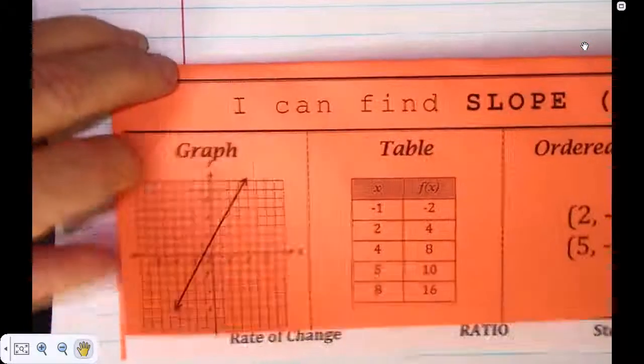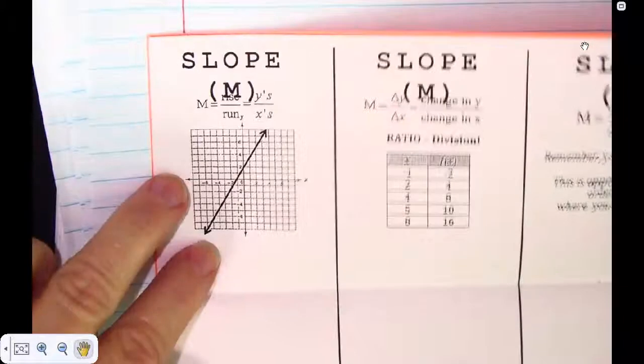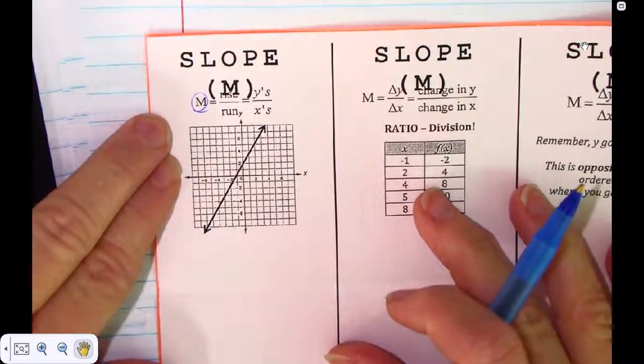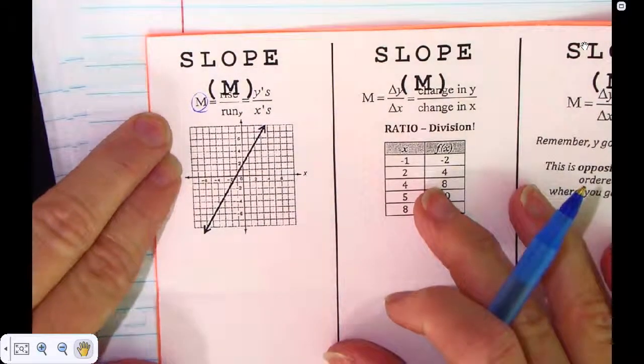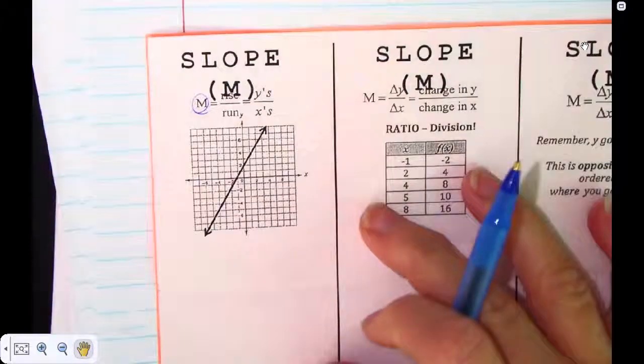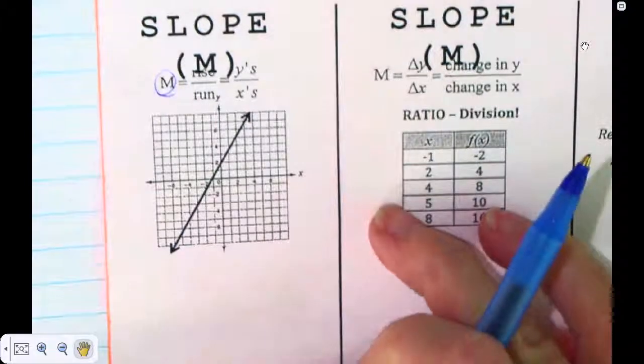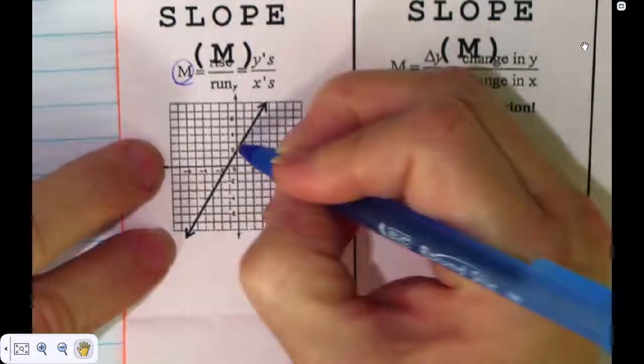So when we have the graph here, we're going to get slope. We're going to call it m. m is going to be what our slope is now. So we're going to take 2 points on this graph.